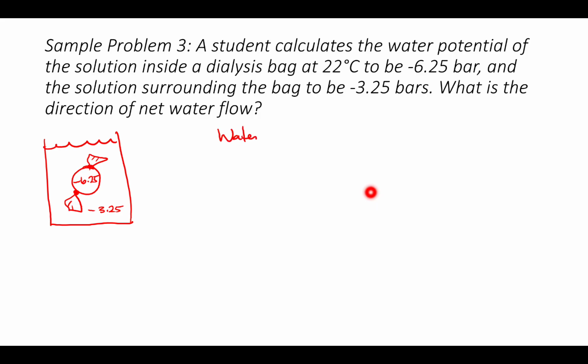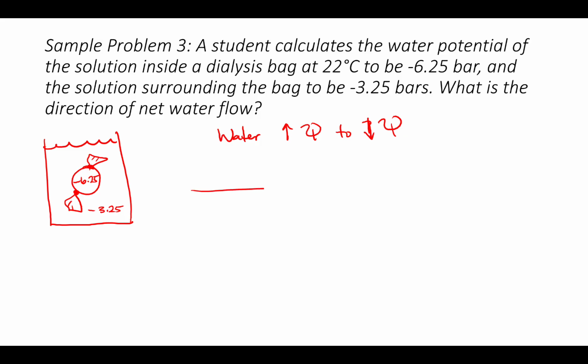Remember, water goes from high water potential to low water potential. Which may seem pretty easy to do, but we are conditioned to think of positive numbers when we're looking at numbers and comparing values. So you might be tempted to think, oh, hey, that negative 6.25, well, 6.25 is a bigger number. That's got to be the higher water potential.